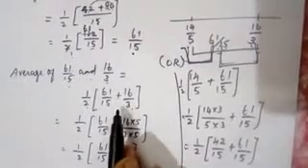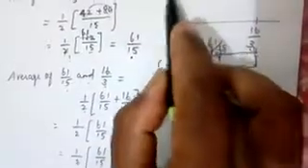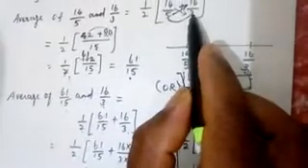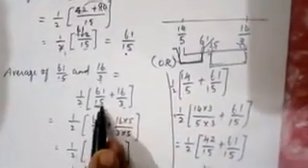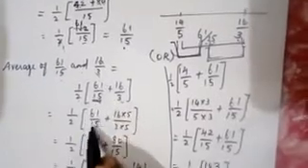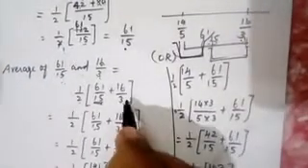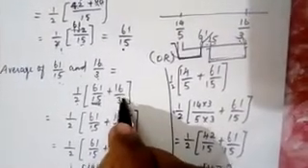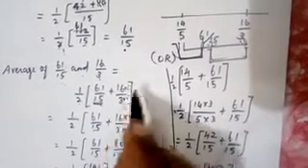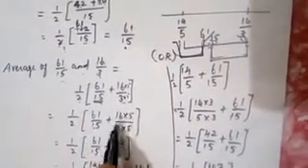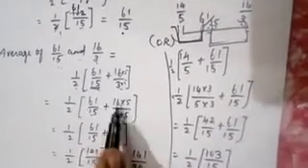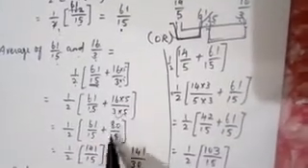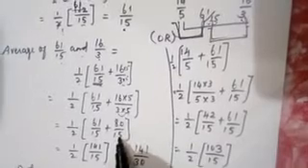Here there is no common factor, so we directly follow cross multiplication, using the LCM method. The LCM is 15. So 61 by 15. For this one you make the denominator 15, so both numerator and denominator are multiplied by 5: 16 into 5 by 3 into 5. So 61 by 15 and 16 into 5 is 80, 3 into 5 is 15, 80 by 15.